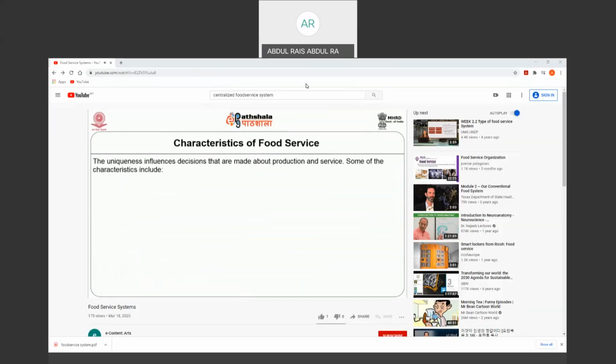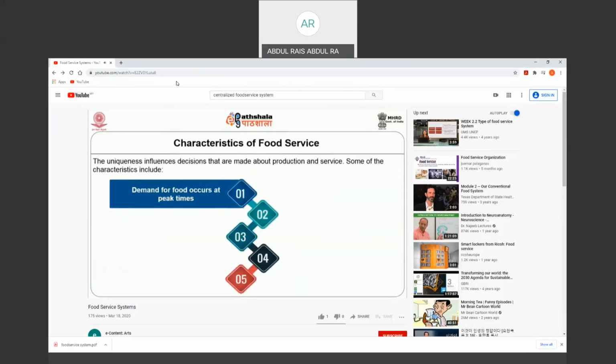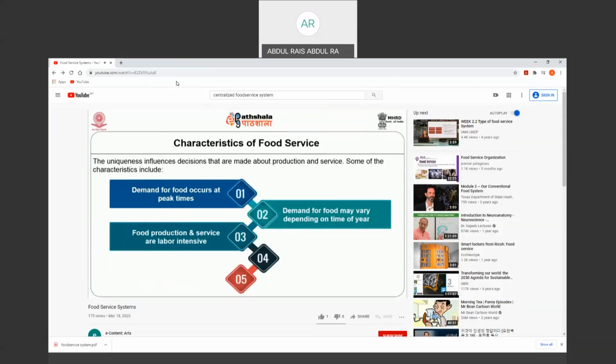Some of these characteristics are: the demand for food can occur at peak times. The demand for food may vary depending on the time of the year or during events. The food production and service can be labor intensive.